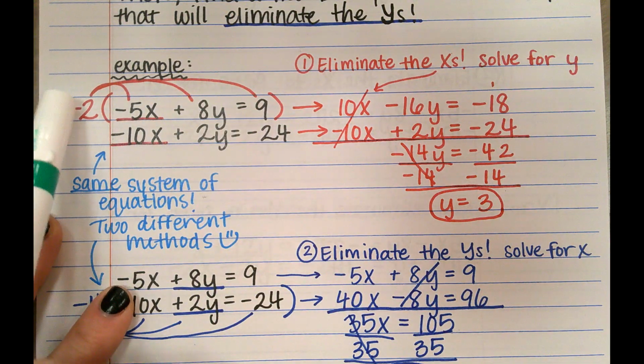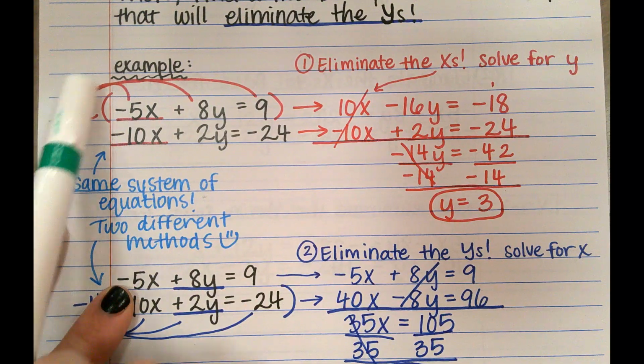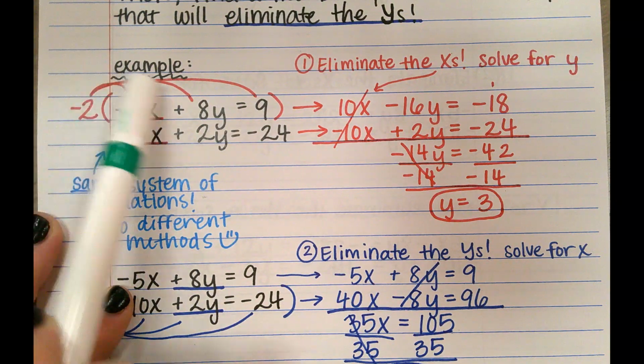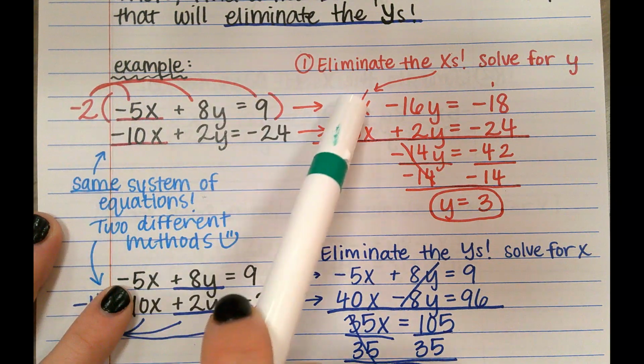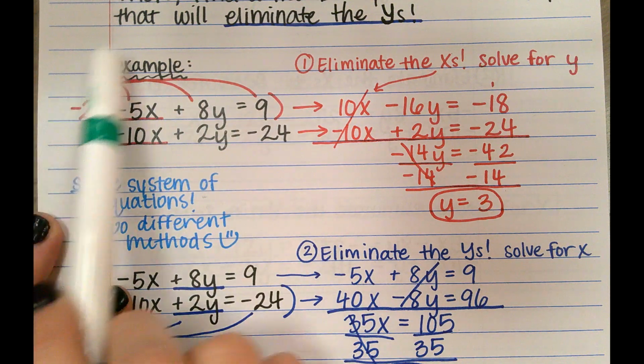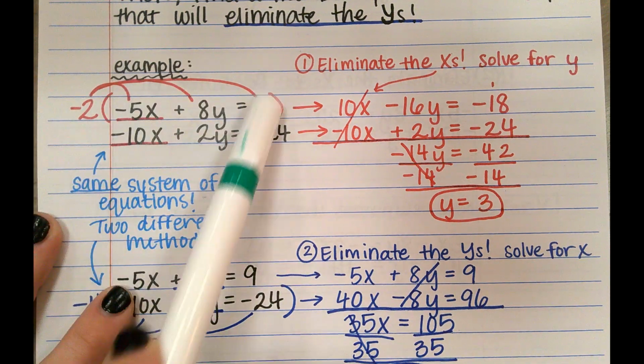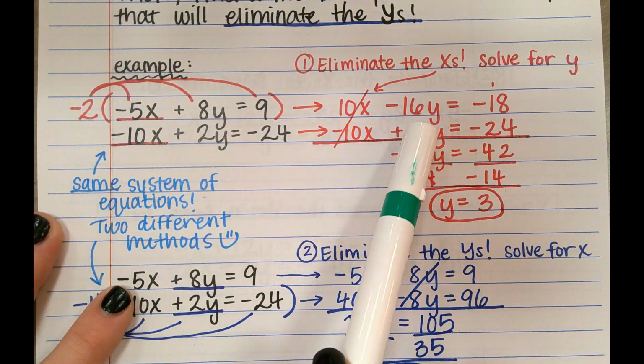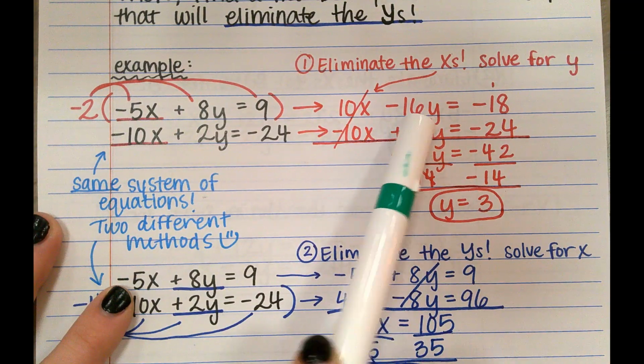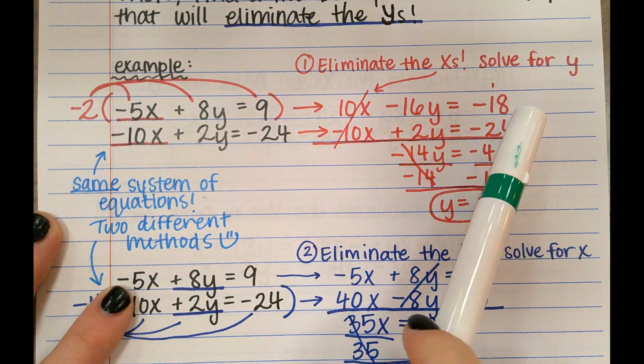So we multiply by -2 to make that -5 become +10. We distribute the -2 to the remaining terms. -2 times 8y gives us -16y, and so on and so forth.